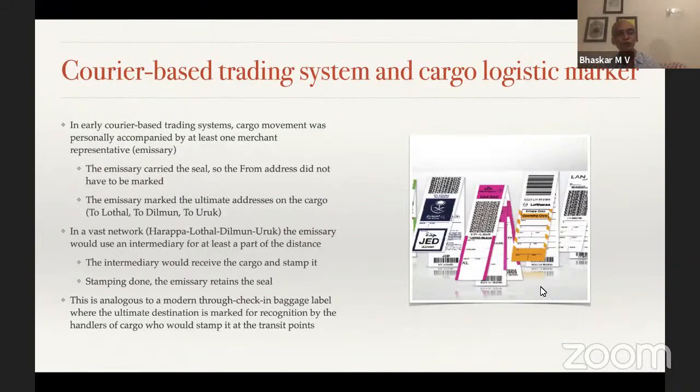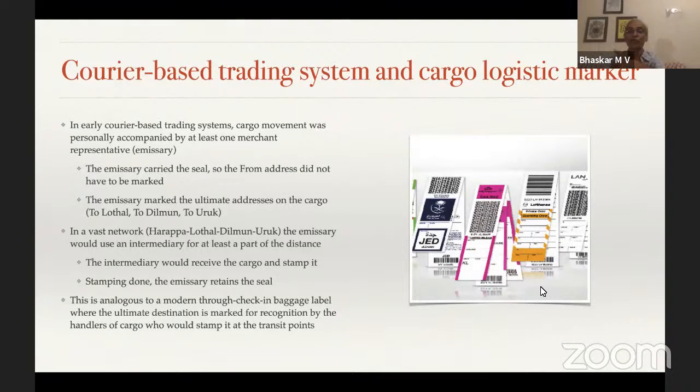The emissary would use an intermediary for at least a part of the distance, if not for all of it. The intermediary would receive the cargo and stamp it, and this intermediary may be a trading partner who in turn needs to be compensated for handling the cargo, or it may be an outpost of the Harappans themselves, in which case it is seen less as an intermediary and more as a branch that reports to the Harappan authorities.